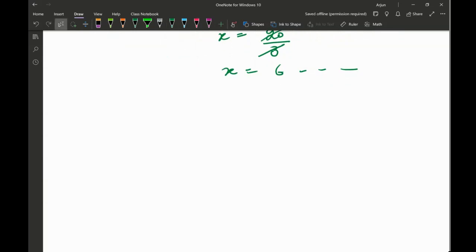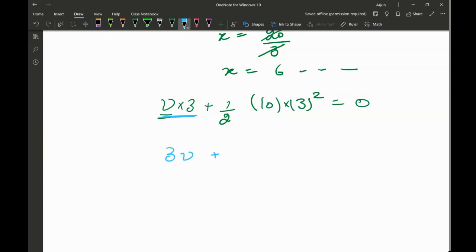Now, if the question is a little more complicated, something like v times 3 plus half times 9.81, and I'm going to make this calculation a little easier, multiply by 10, and times 3 square, equal to 0. Find the value of v. How are we going to simplify this? I will multiply these two together, that's 3v, and then this is 3 square.